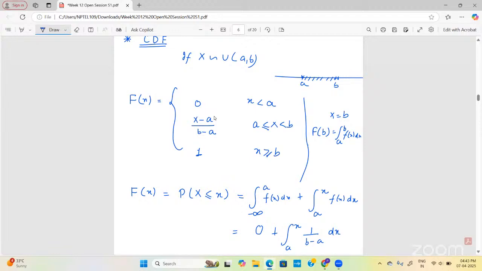It should be 1, but how it is 1, that's what I am explaining here. So how will you calculate F(b)? If you have to find the CDF at point b, will it be F(b) minus F(a)? Okay, see.